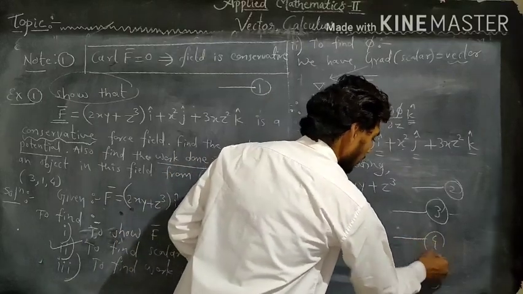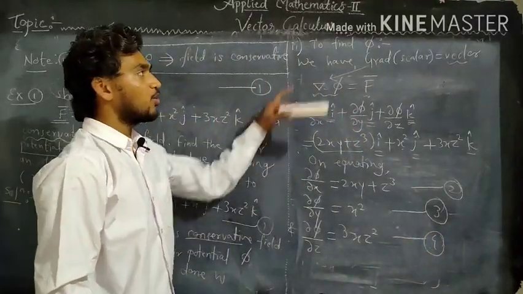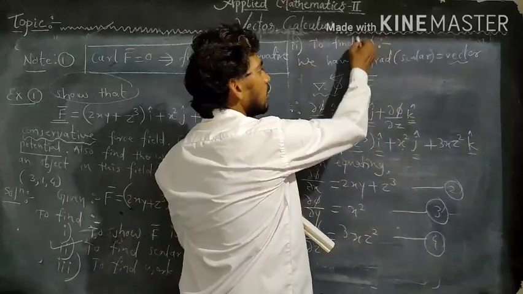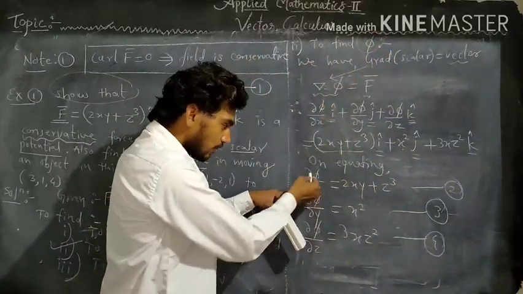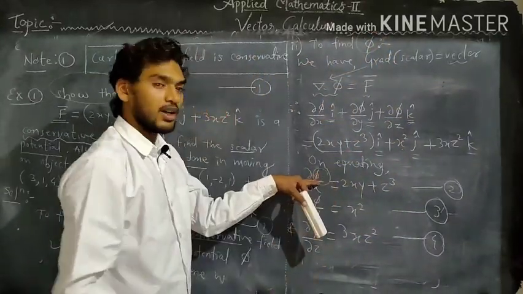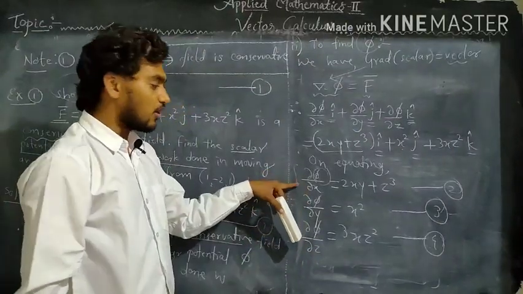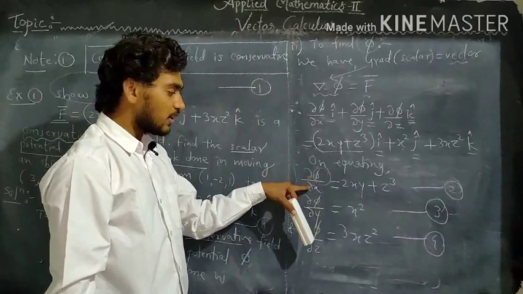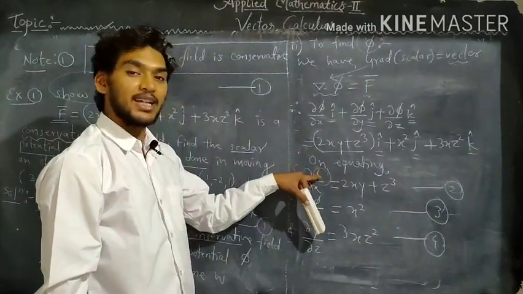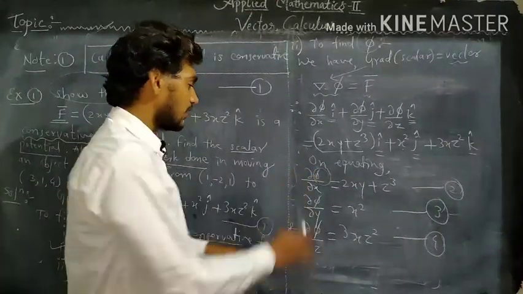say equation number 4. Now to find the scalar potential phi, we have to integrate this, because integration and derivative will get cancelled and we will get the scalar potential phi.